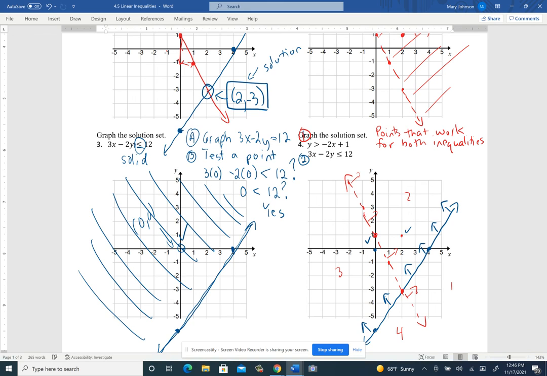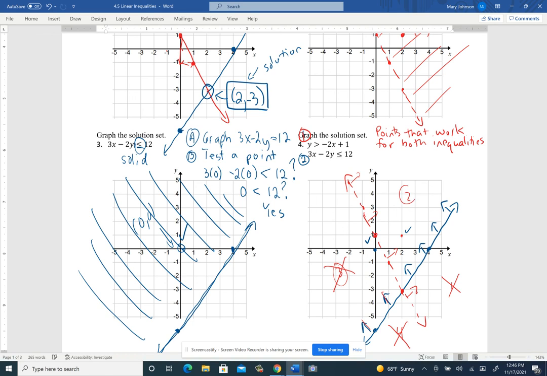Do you see over in region 3, the blue points into it, but the red doesn't, so it's not there. In region 4, the arrows are pointing away from it, so it's not there. It's not 1 because red goes in there, but blue doesn't.